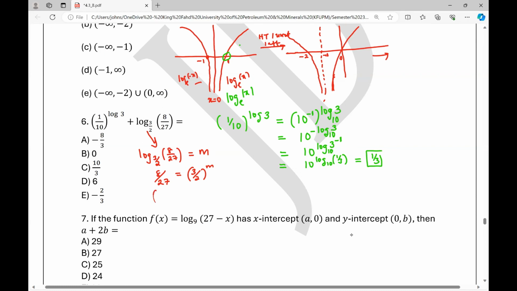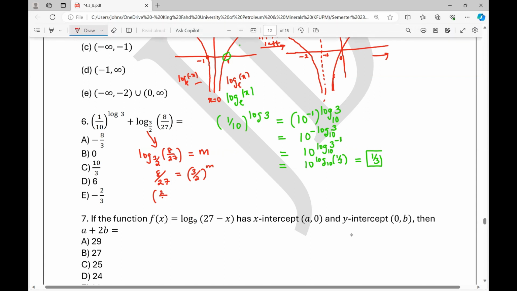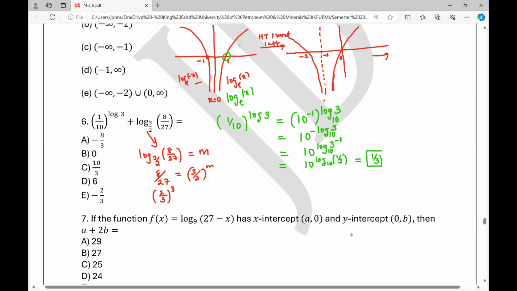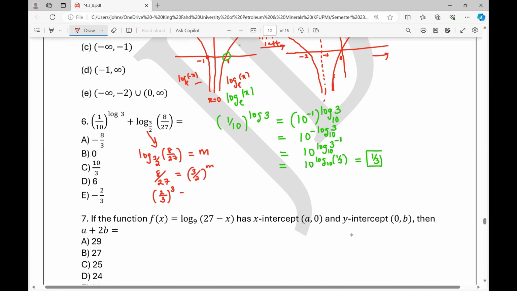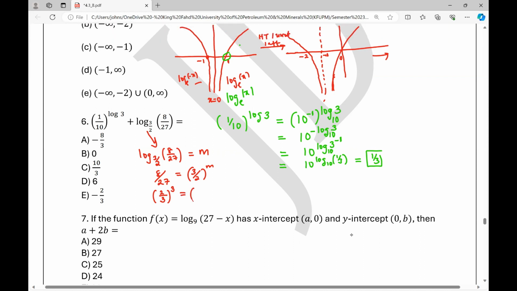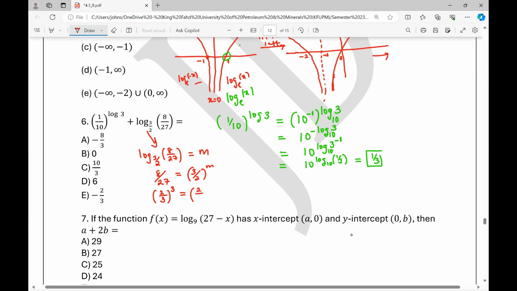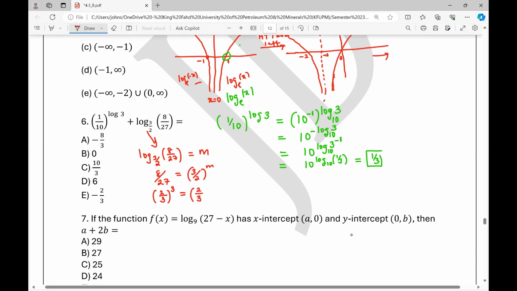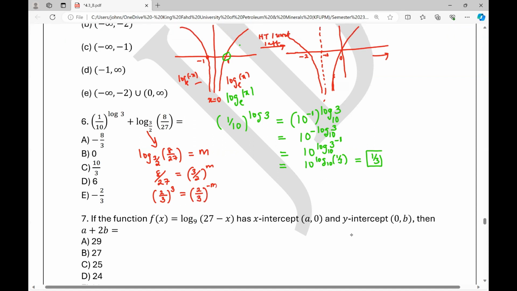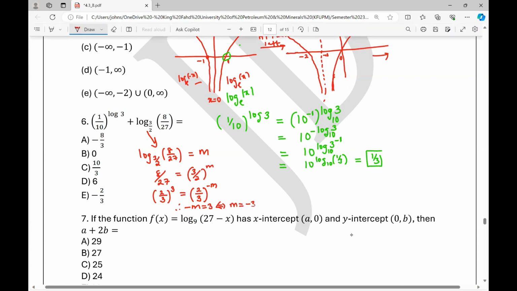And now this, you can write as 2 over 3 all to the power 3, right? Equal to this side now, you can interchange it to become 2 over 3, but now it will be minus m. So it simply means that minus m is equal to 3. So m is equal to minus 3.